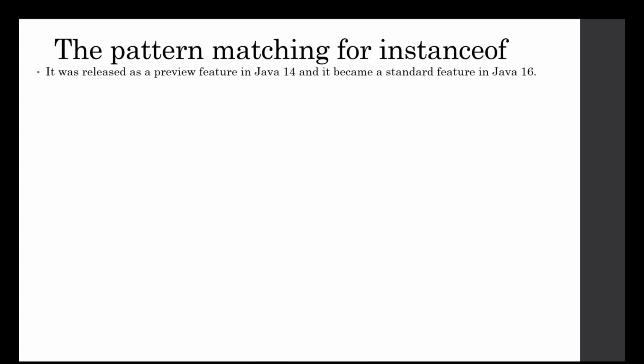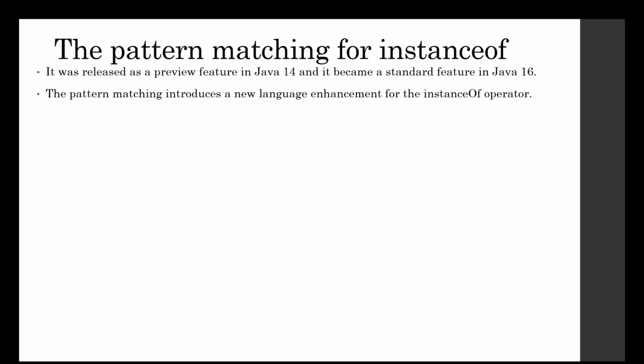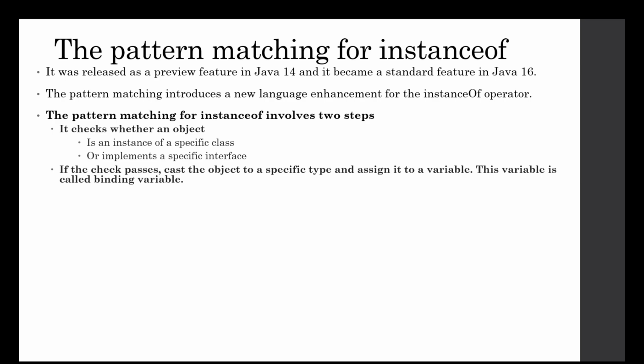Let's understand the pattern matching for instanceof operator. The pattern matching for instanceof operator feature was released in Java 14 as a preview feature, but later in Java 16 it became a standard feature. Pattern matching for instanceof is basically an enhancement to the existing instanceof operator. It basically involves two steps.